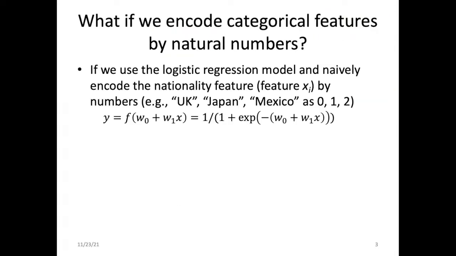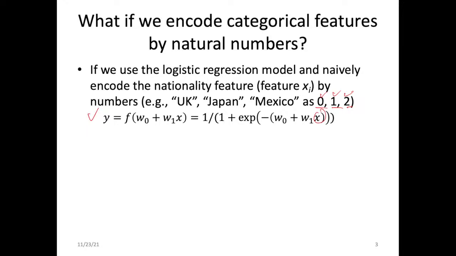How about linear regression, logistic regression, or SVM? Again, if you encode UK, Japan, Mexico as, here I use 0, 1, 2, that doesn't matter. Let's assume we use logistic regression.